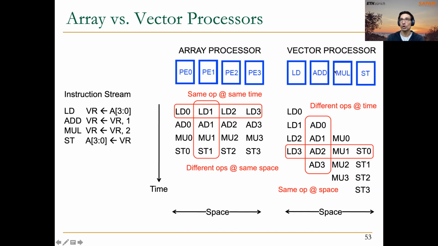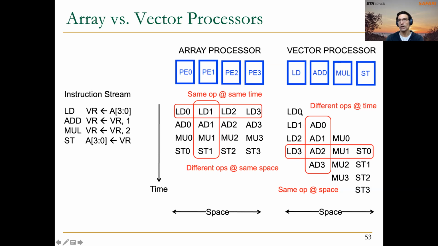In a vector processor, we have different processing elements. Each of them is specialized. So if we want to execute a vector load, for example, we will have to issue 1 load of 1 element every cycle. And in the addition unit, we can do the same for the addition instruction. We will execute the addition first for element 0 in the vector register, then for element 1, and so on.